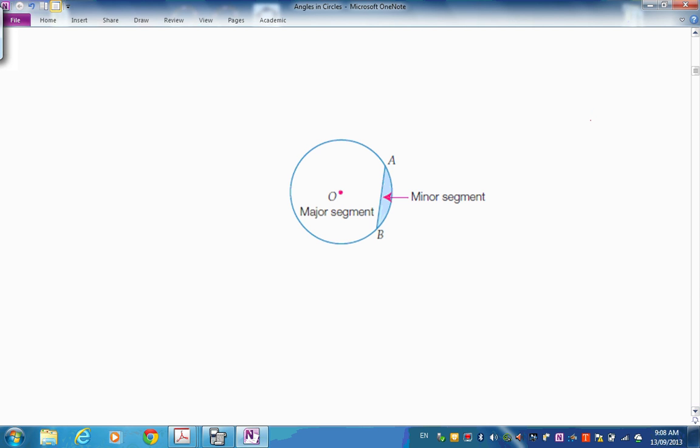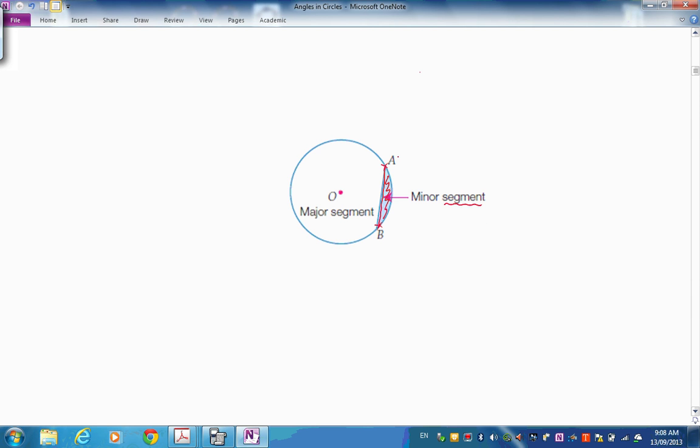Okay, we're still slicing this circle up, so we have a chord, A to B, and when you join those 2 points, you have a natural segmentation of the circle. You have a little bit cut off there between the chord and the circumference, and that's called a segment.